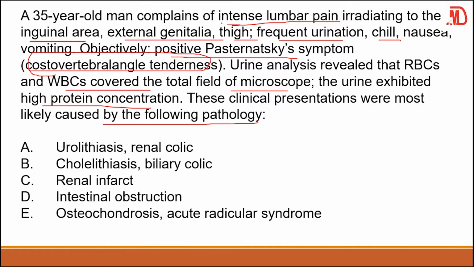Intense lumbar pain that is radiating to the inguinal area. Then goes costovertebral angle tenderness. All of these things are indicating that we are having what? A renal colic or urolithiasis. Or sometimes I see the question mid slopes. It's also an indication. All right.